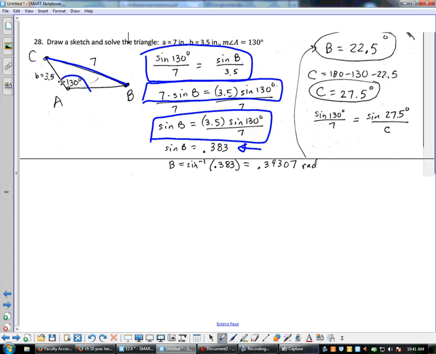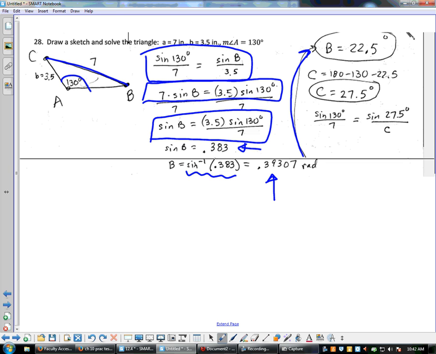To find angle B, I want the angle whose sine is 0.383, so I do sine inverse of 0.383. My calculator was set in radians, so I got 0.39307 radians, which I multiplied by 180 and divided by pi to get 22.5 degrees.